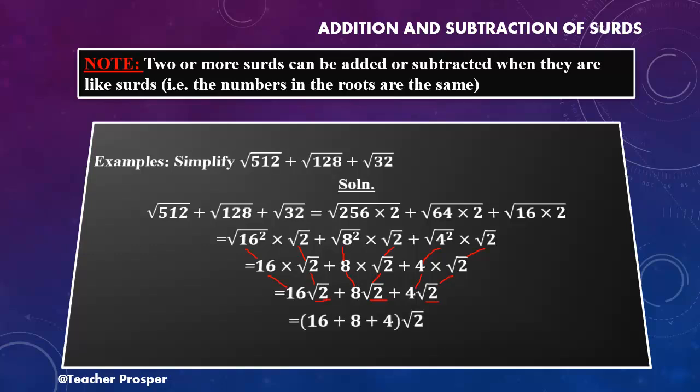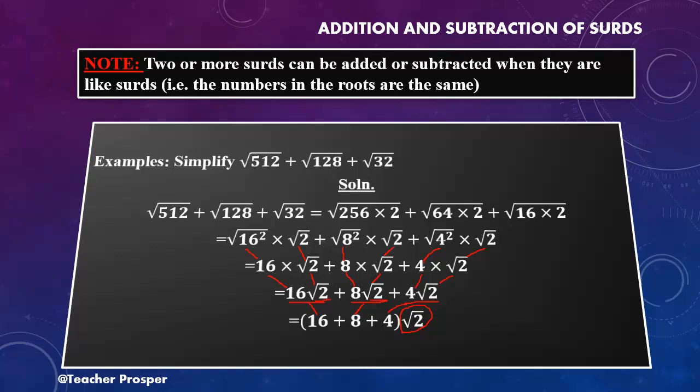So we're going to have something like this. You're going to have root 2 factorized out. And then you will keep, when root 2 is out of here, we are going to get 16 left. When root 2 is out of here, we are going to get 8 left. When root 2 is out of here, we are going to get 4 left.